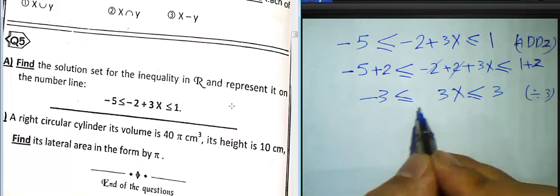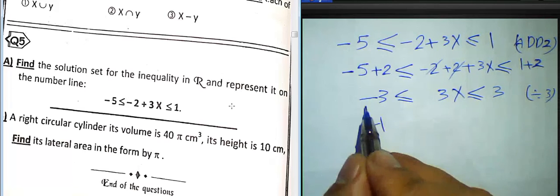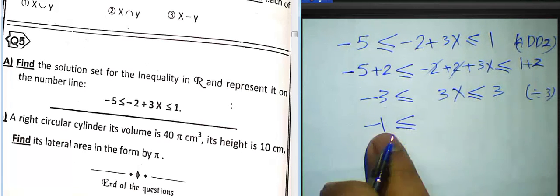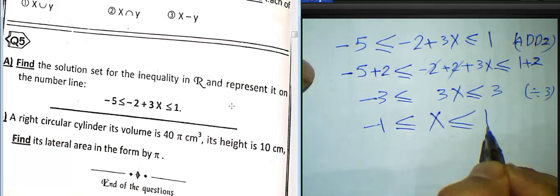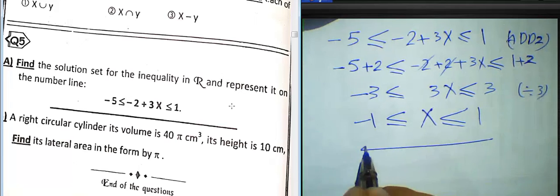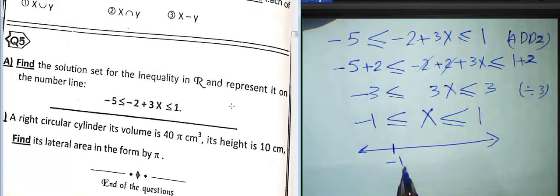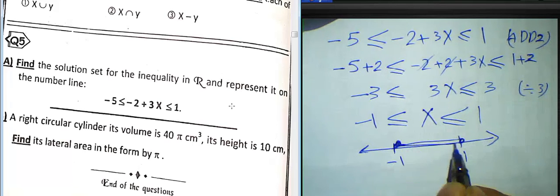Then we can divide by 3 to cancel the 3 here. The result will be -1, since 3 divided by 3 equals 1, with the sign negative, less than or equal to x less than or equal to 1. Okay, so we can draw the interval from -1 to 1. It was a closed interval.